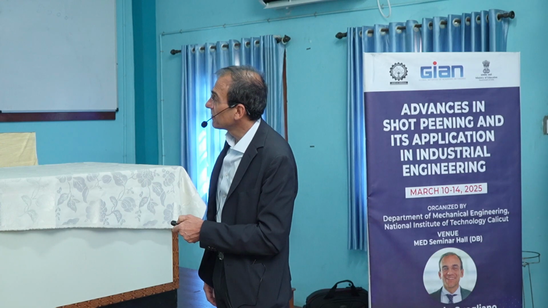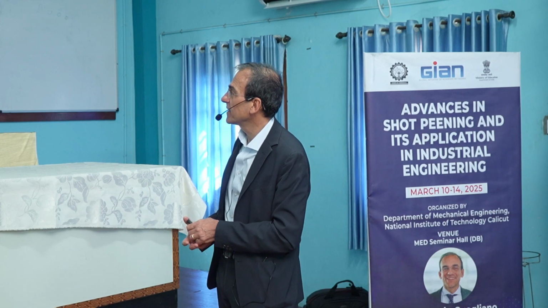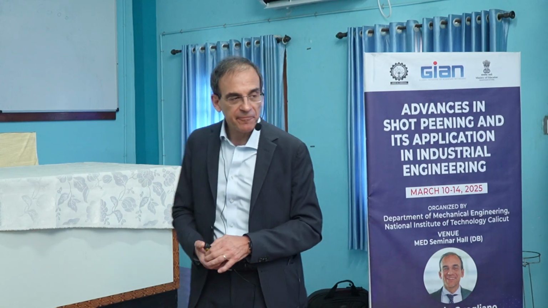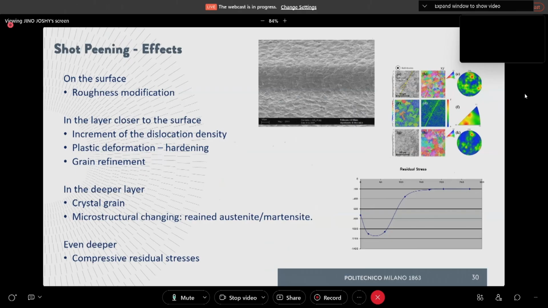If we go in depth and consider not only the free surface but also the layer closer to the surface, we have an increment in dislocation density. This is the second effect. And if we use what I called severe parameters, this increment of dislocations is so huge that we induce recrystallization and reduction of grain size.